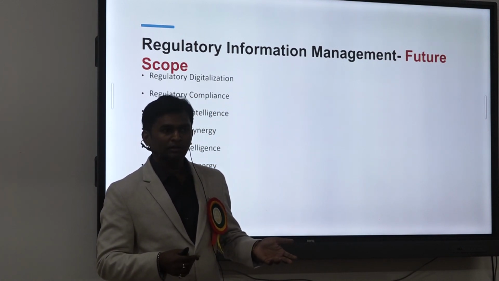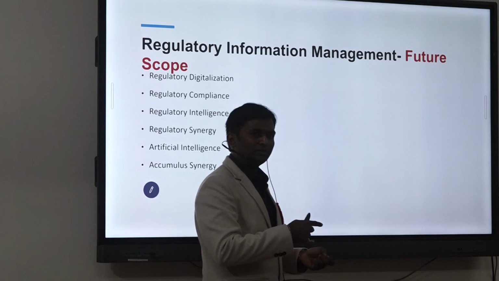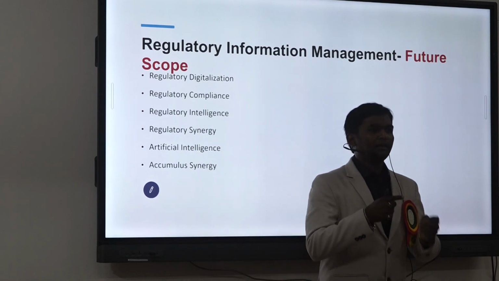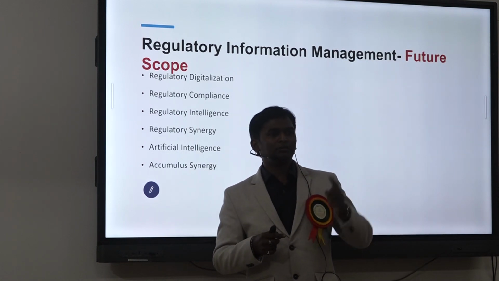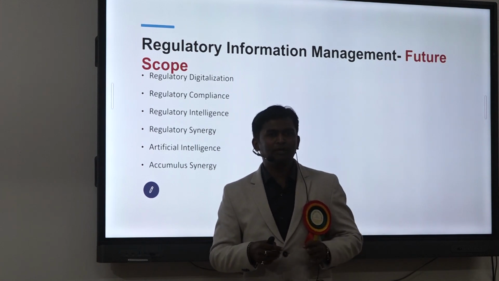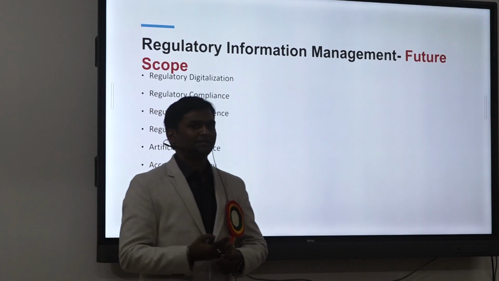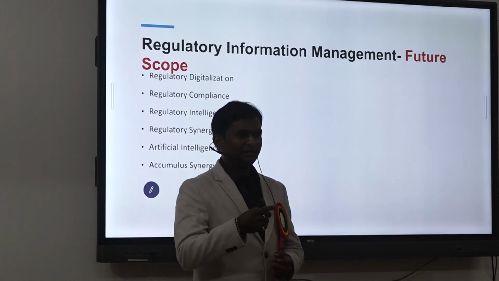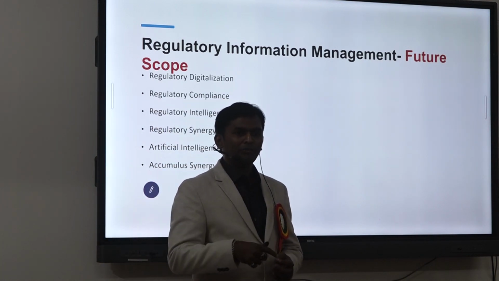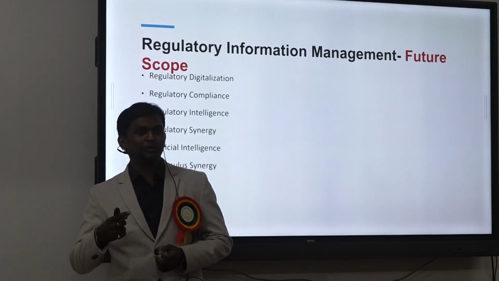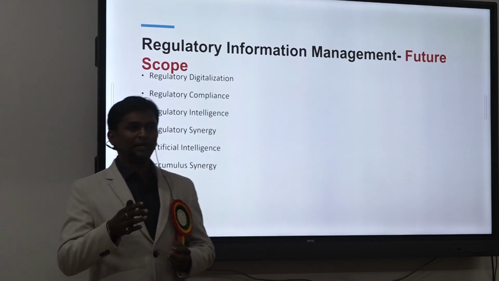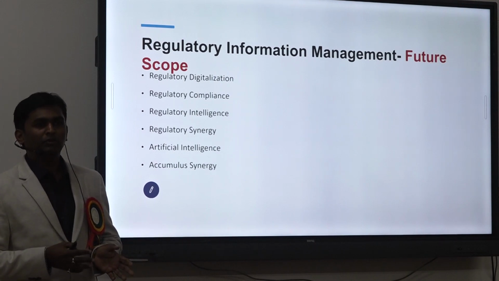So you get that trigger in your system, and through that trigger you can monitor your portfolio in RIMS: how many products, not only paracetamol, have that excipient. Accordingly, you can recall that product, hold that product, or communicate with the health authority. That is how regulatory intelligence works.